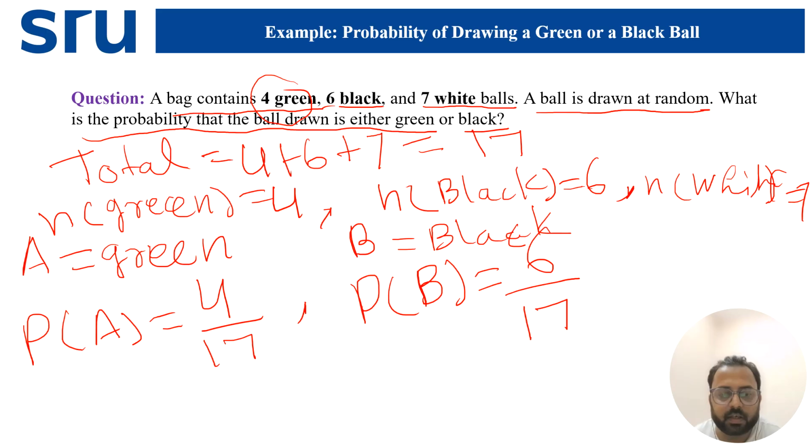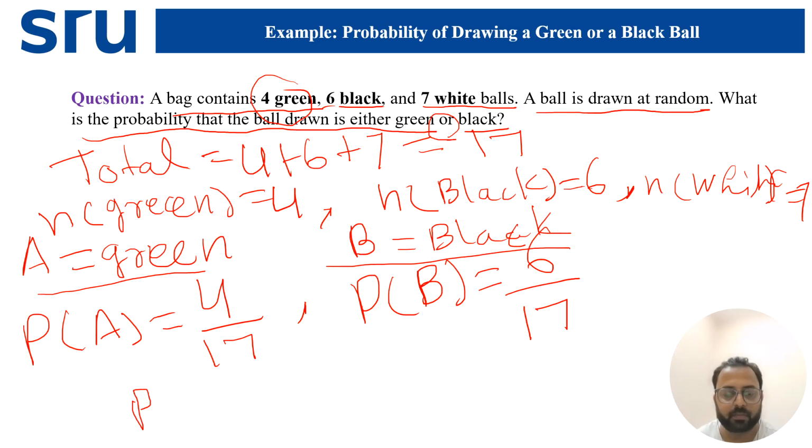And we can see A and B both are mutually exclusive events, because a single ball cannot be both green and black. If we are selecting one ball, one ball cannot be both green and black. So event A and event B are both disjoint events. When we have the word 'or', we add probabilities.